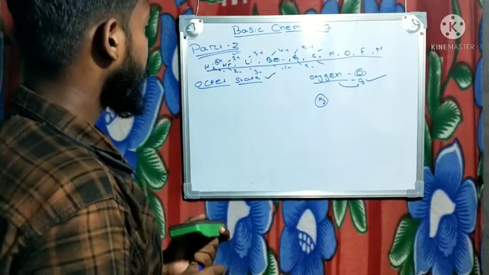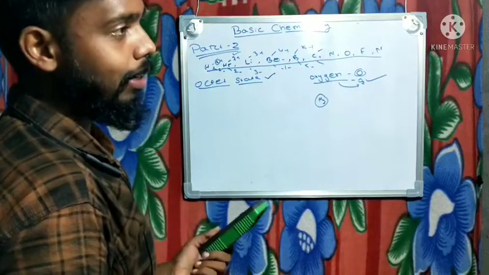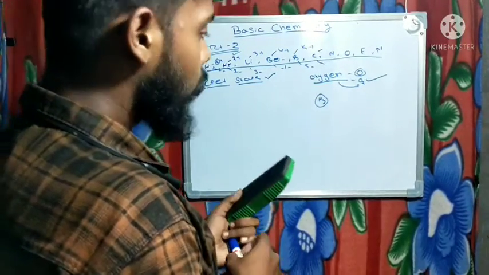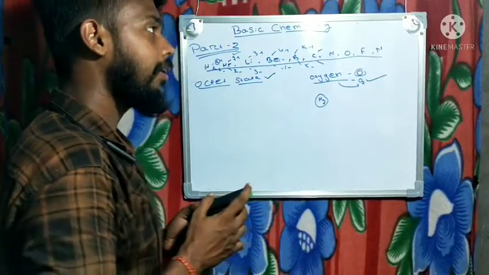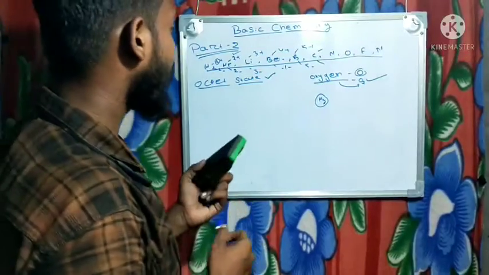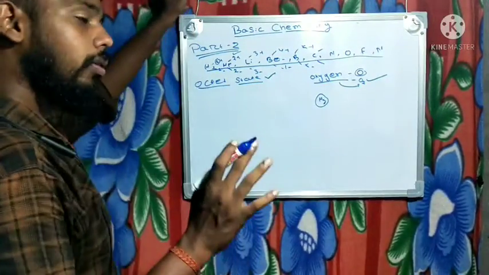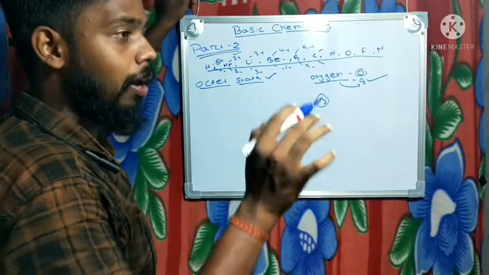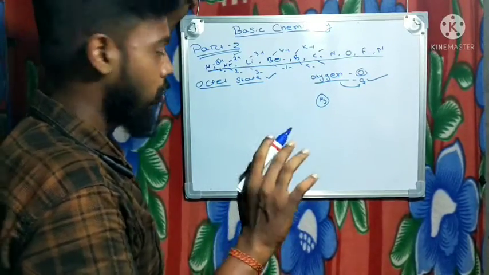What is the octet state? Okay, listen. The octet state is the state where the outer shell of an atom is filled by electrons. We all know that protons and neutrons are in the nucleus.